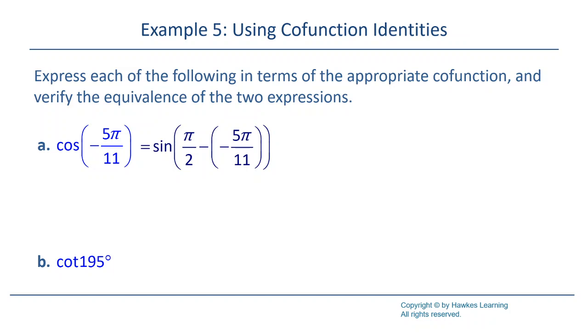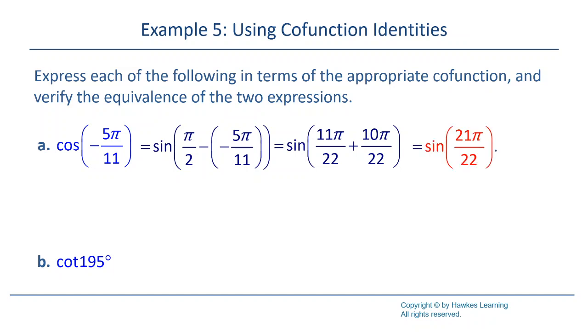So it's actually going to be pi over 2 plus 5 pi over 11. Be sure you don't forget to distribute the negative to it. Find a common denominator, which in this case is 22. And you get 11 pi over 22 plus 10 pi over 22, which is sine of 21 pi over 22.